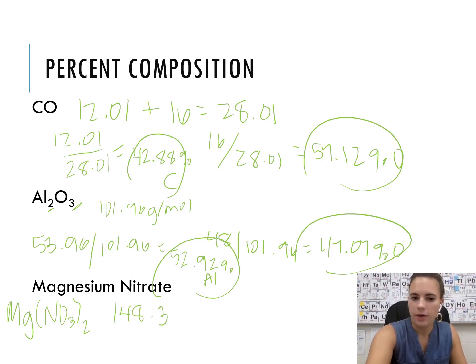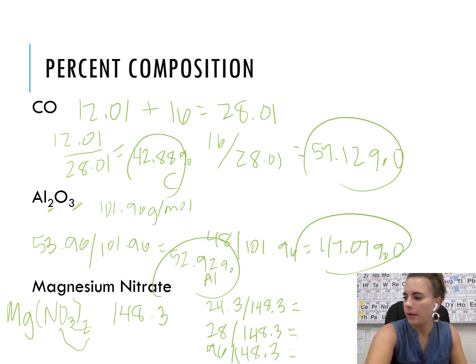So now I'm going to divide magnesium's mass by 148.3. I'm going to divide 2 times nitrogen, so 28, by 148.3. And then I'm going to divide oxygen. 2 times 3 is 6. So 6 times oxygen's mass is 96 divided by 148.3.